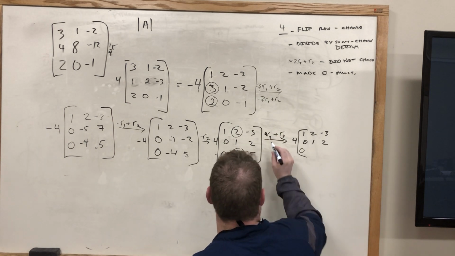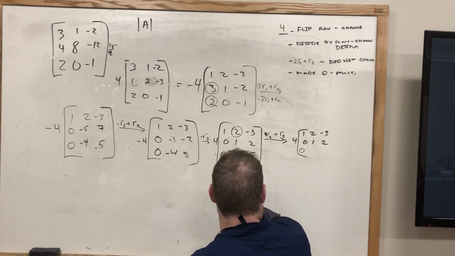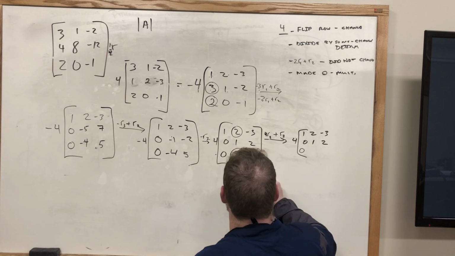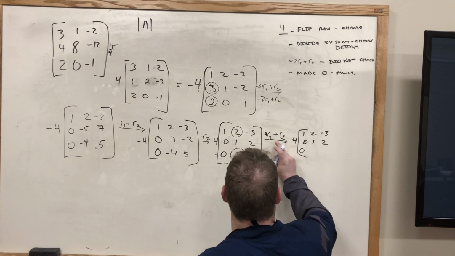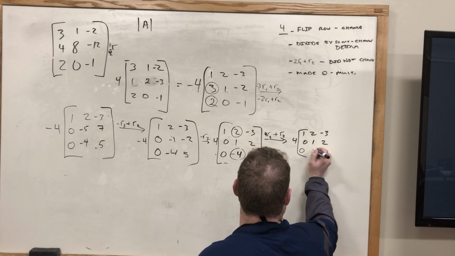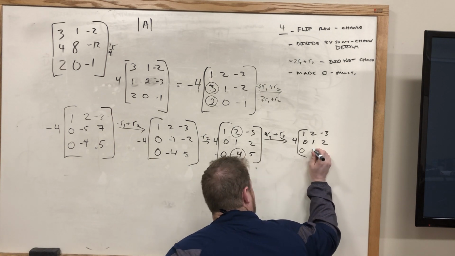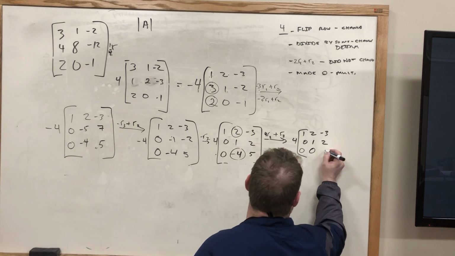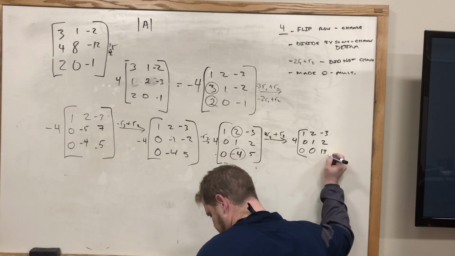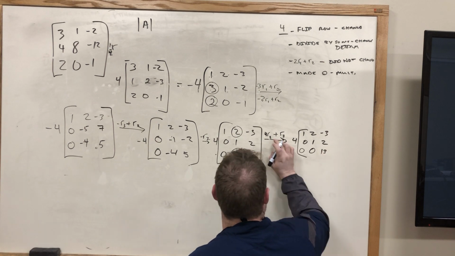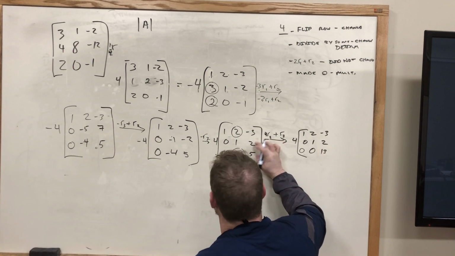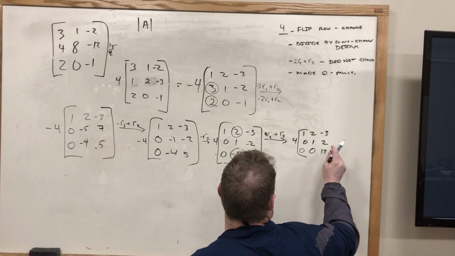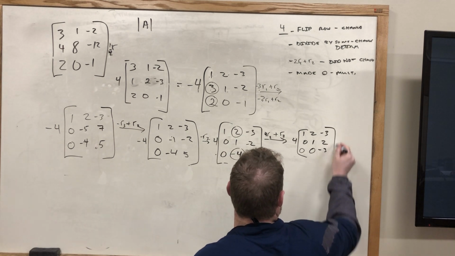You have to do it 4R2 because we need to get rid of here. And if we do it here, it'll add to this. So 4 times 1, 4 times 0 is 0, right? 4 times 1 is 1, right? 4. So we're going to get this to be 0. I'm sorry, 4 times 2, which is negative. 4 times 2 is negative, and that's going to give me a -3.